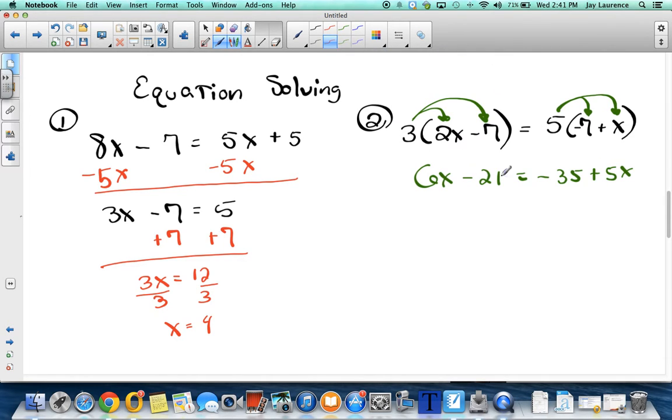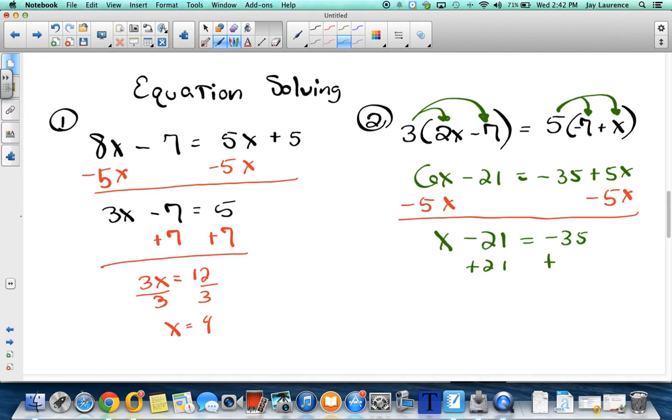I don't like the fact that there are x's on both sides, so I'm going to take one of the x's away. I've just been trained to take the smaller of the two x's away. It's not wrong to take the larger of the two away. It just tends to make things a little bit easier, in my opinion. All right, I'm going to add 21 to both sides. When I do that, I'm going to get x equal to -14.